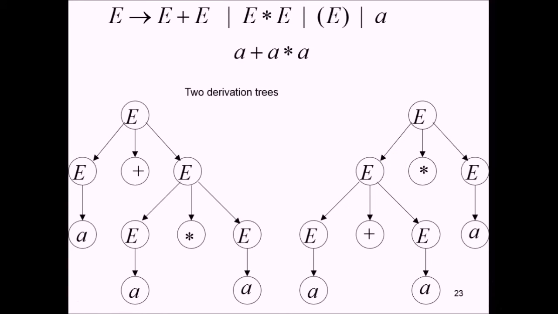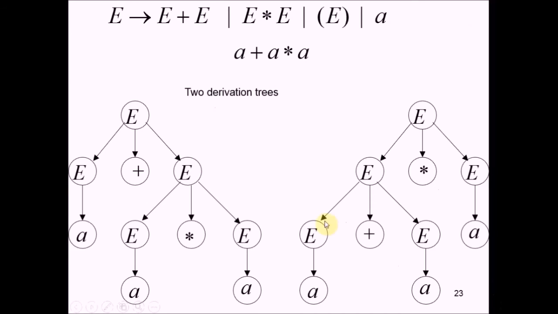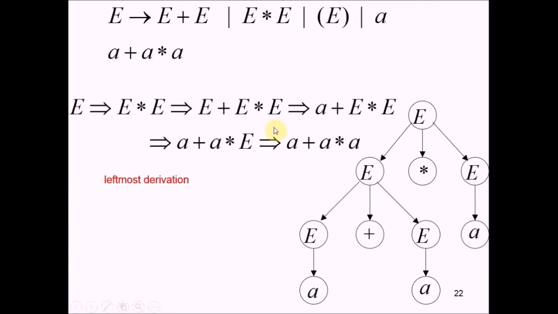Now the two derivation trees are, first this one and the other one this one, for this string A plus A star A. So the grammar is said to be ambiguous when the string A plus A star A has two derivation trees, as we constructed the parse trees of the above string. This one is this, the other is this. We're using the two left derivations, this one and this one.